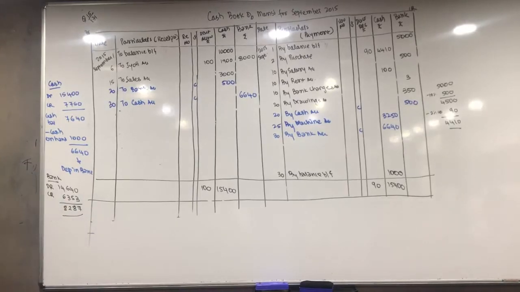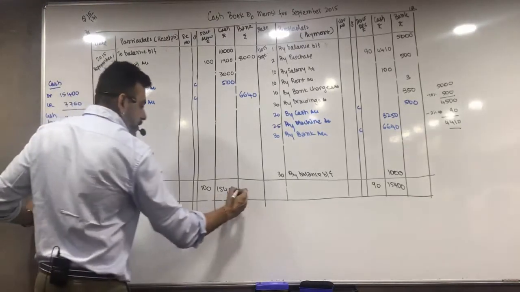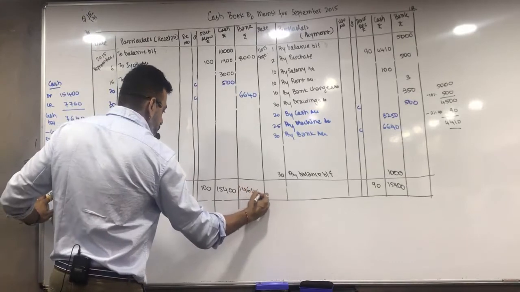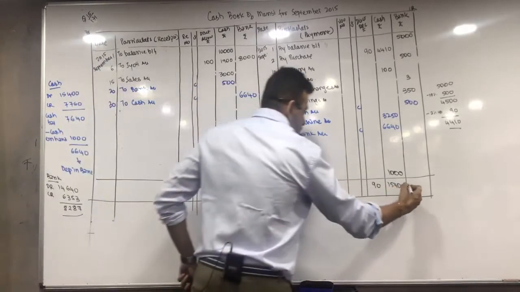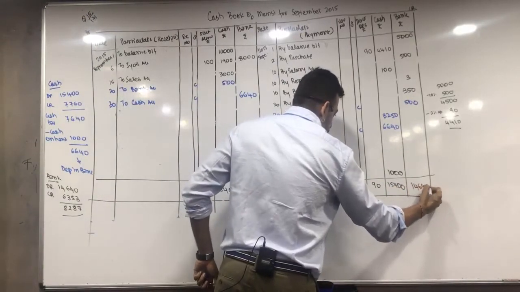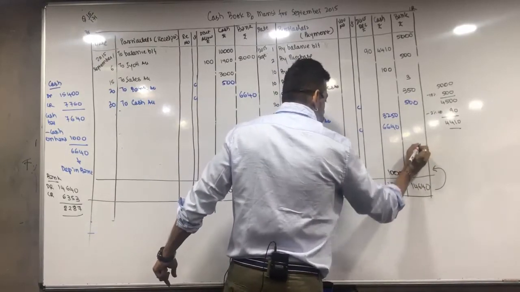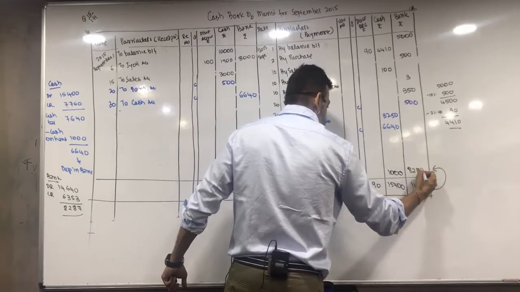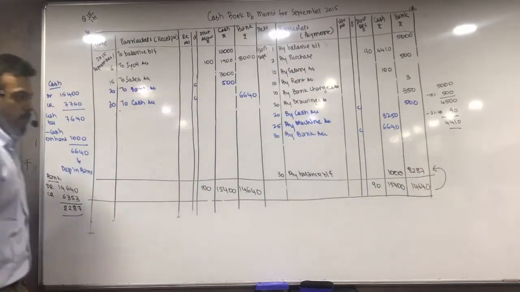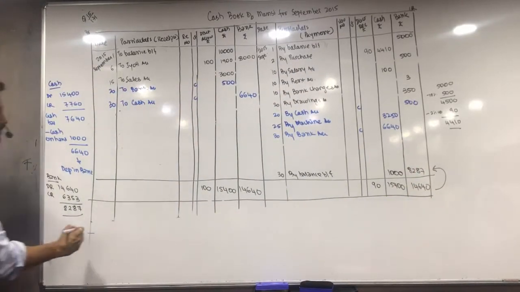Positive? Difference is positive. So which side is more? Debit side is more. 14,640, the same we write over here, 14,640. Above this, its balance, 8,287. Is the sum over? No. Transfer it.